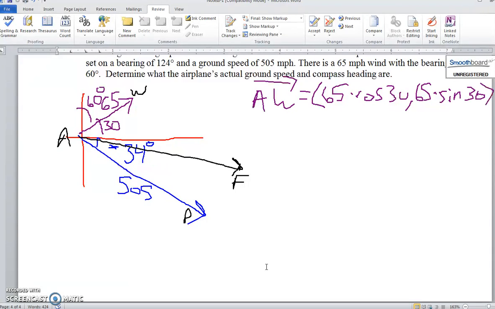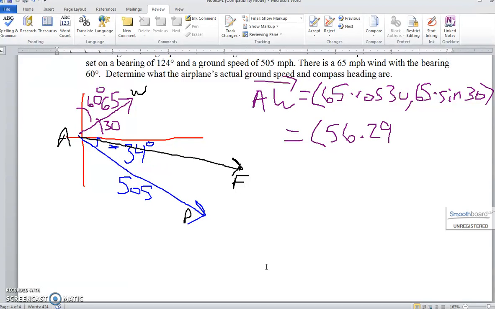Go ahead and calculate that out. I would get 56.29, comma, and then 32.5. So this is one big vector that represents the wind.